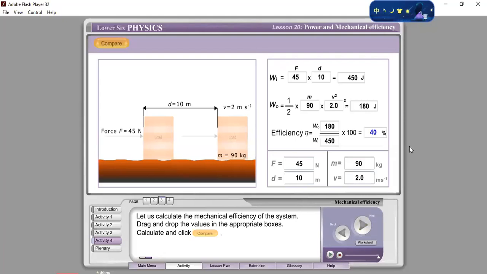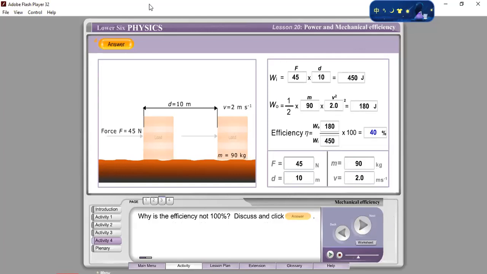So this means that 60% of energy is lost as other energy. Why is the efficiency not 100%?